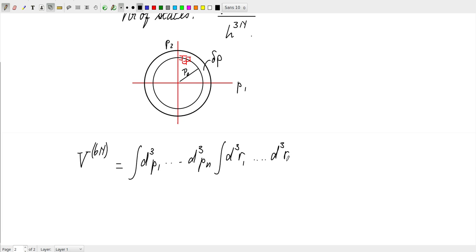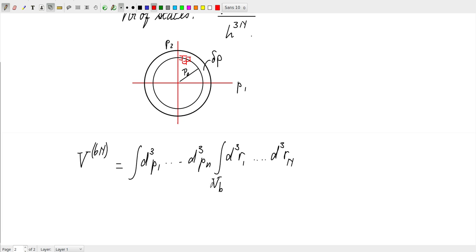Where we should realize that in this case each particle is bound to be in the volume V box. I call it VB in order to distinguish it from the 6n-dimensional volume. And this VB is the volume for each of these particles.